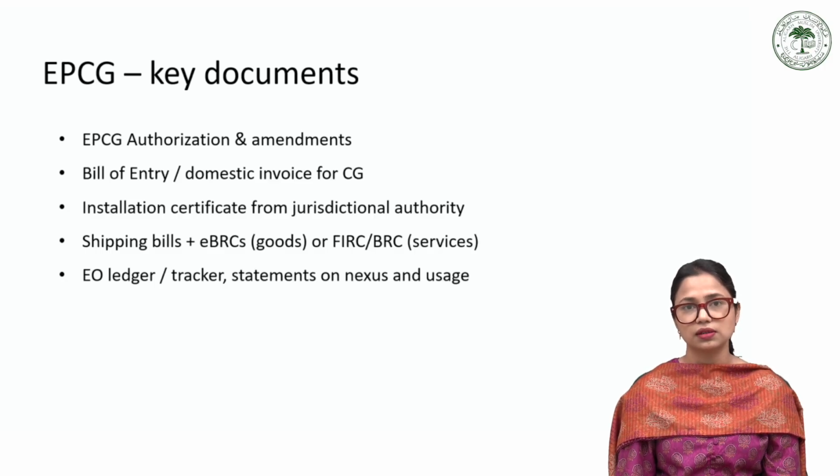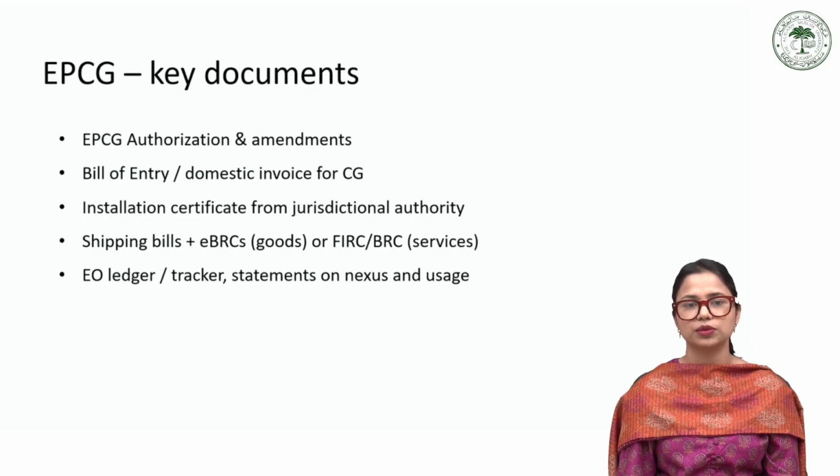So once the import of capital goods has begun, the machinery or equipment has reached the step of the exporter, the installation should be immediately done and the installation certificate should be issued and must be preserved by the exporter for further submission to the DGFT. And this installation certificate is provided by the jurisdictional authority.